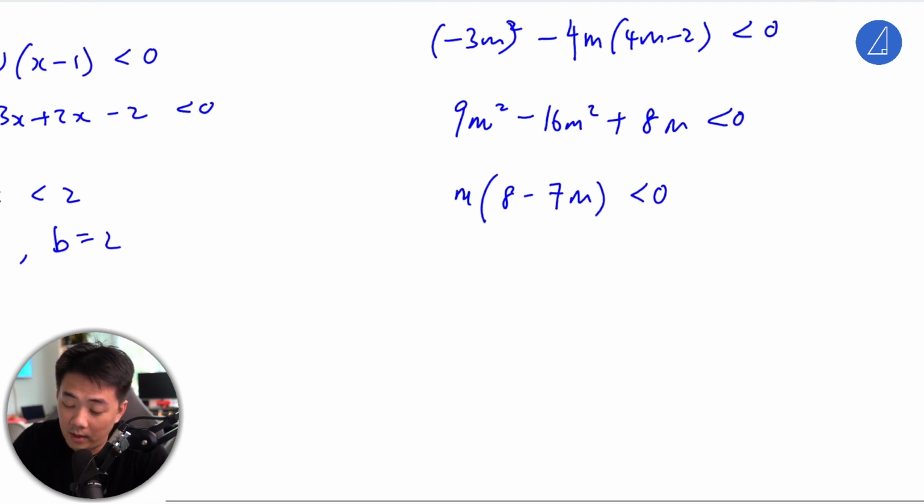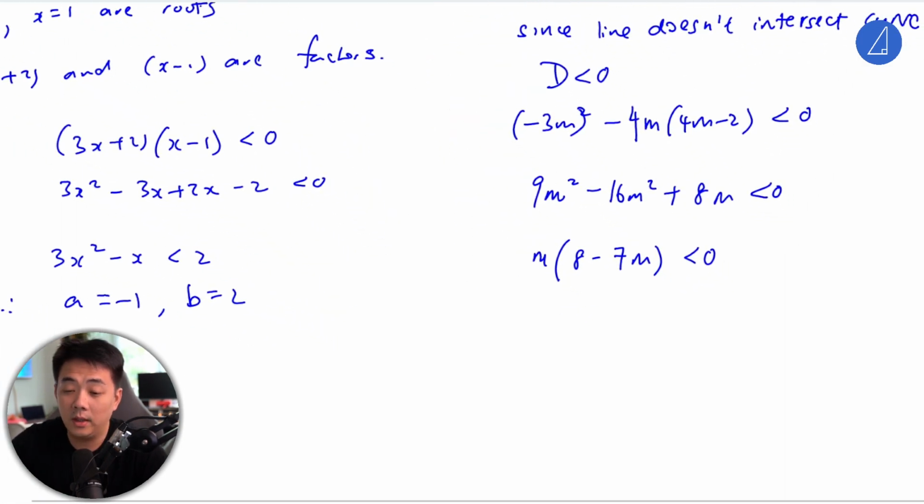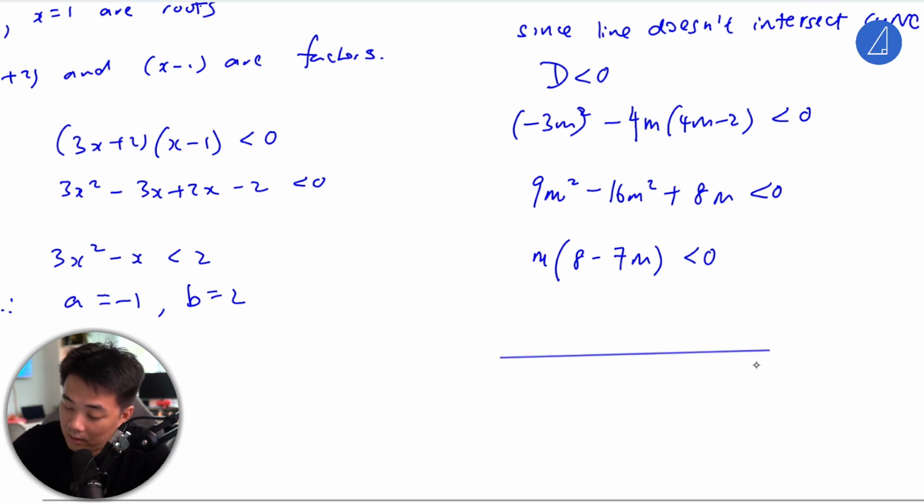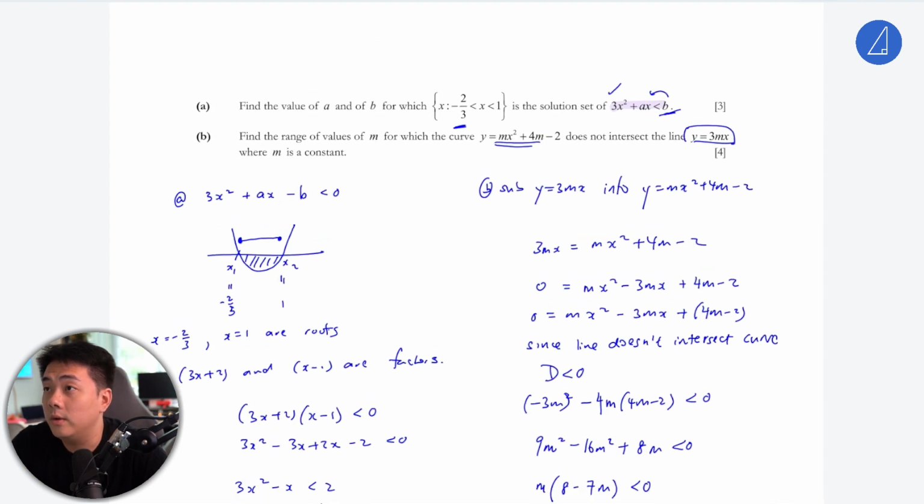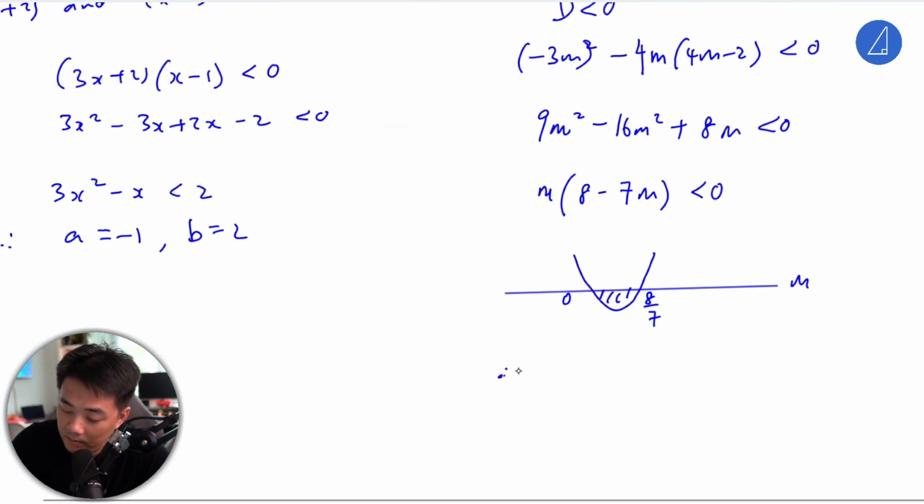So factorizing out m, this is the range that we're looking at. Draw the inequality. That's pretty okay. It's 0 and 8/7. So the range of values of m, hence, of m, is 0 or 8/7.